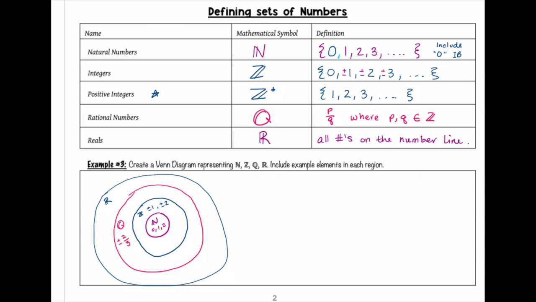The set of reals has all those numbers plus more, numbers like radicals, numbers like our famous pi, and so many more. So if I'm creating a Venn diagram, we're living in some universe of numbers where my subsets are the naturals, the integers, the rationals, and we are in the set of reals.